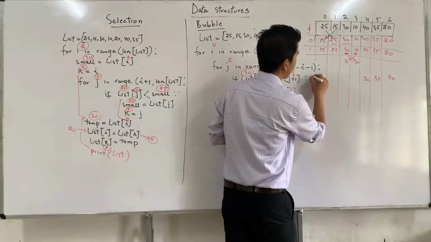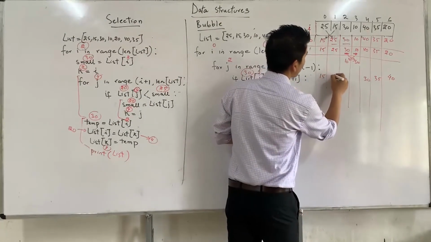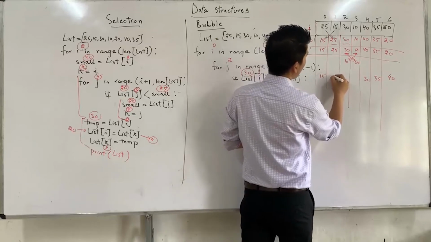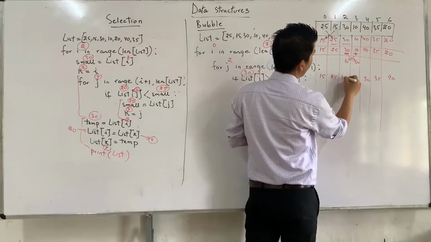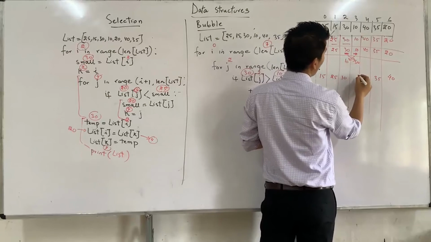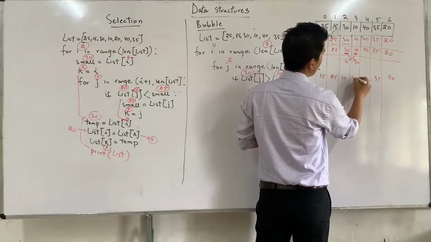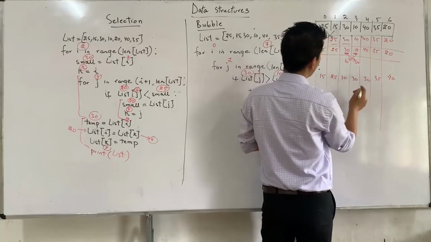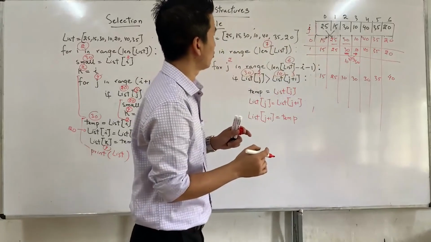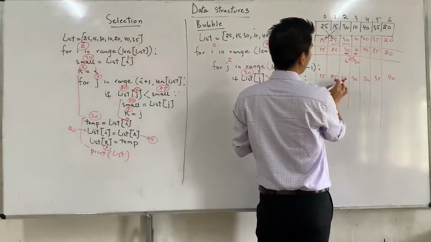So I guess there will be something like this. 15, you will have 25, 10, you have this 30, and then I missed out on one number, 10, 15.